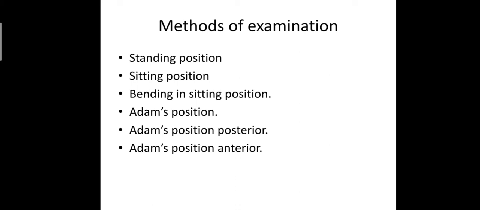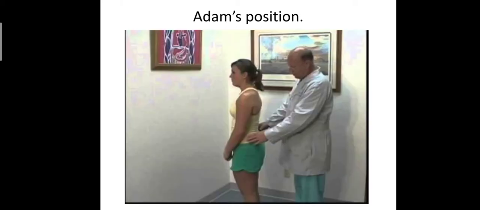Method of examination. We use these methods in examination of the vertebral column: standing, sitting, bending in sitting position, Adams position posterior, and Adams position anterior. This is Adams position in a standing position, a clinical examination done in a standing position.